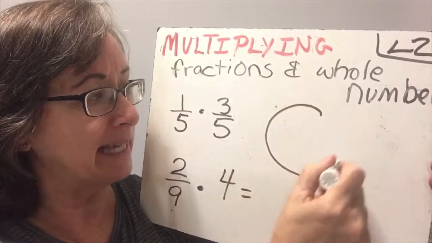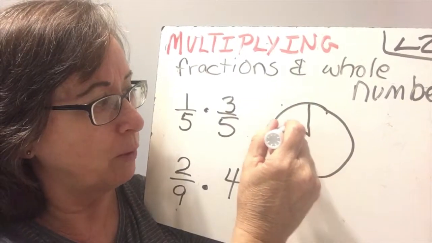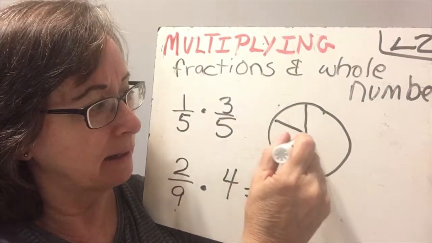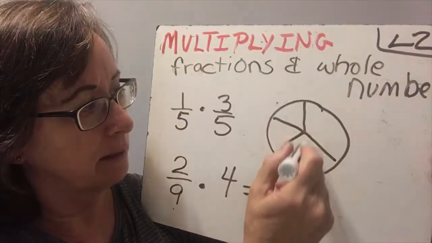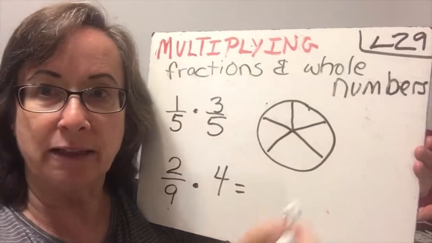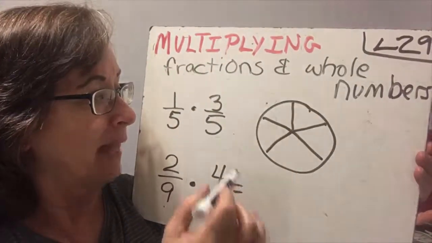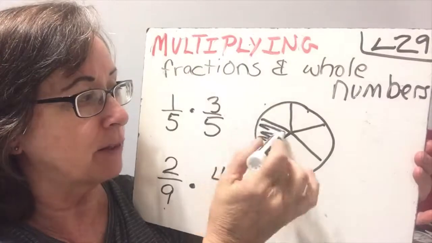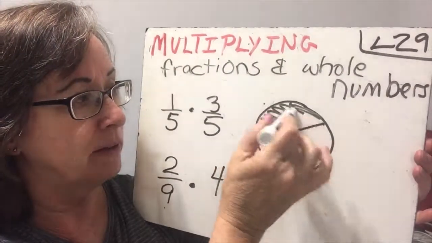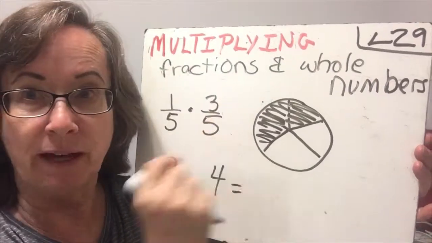If we were trying to see what 3/5 really meant, we would divide, pretend that that is equal fifths, okay? We would divide the pie into 5 equal parts, and then we would be talking about 3 of those 5 equal parts, and that would be 3/5.